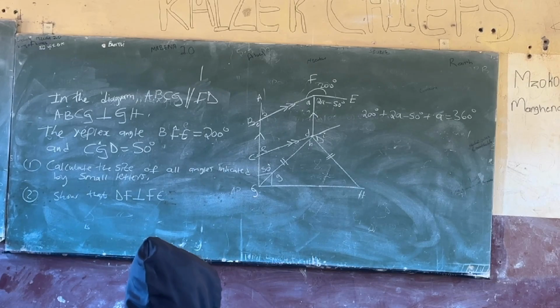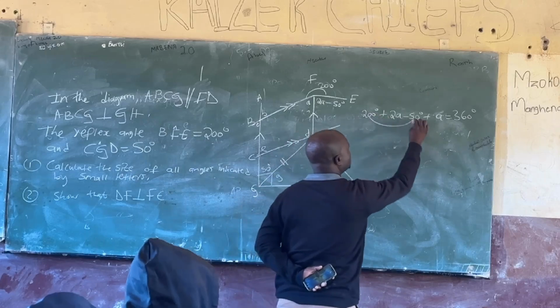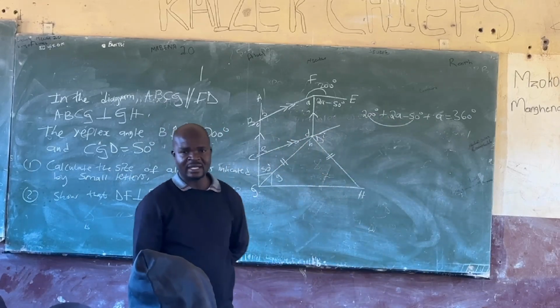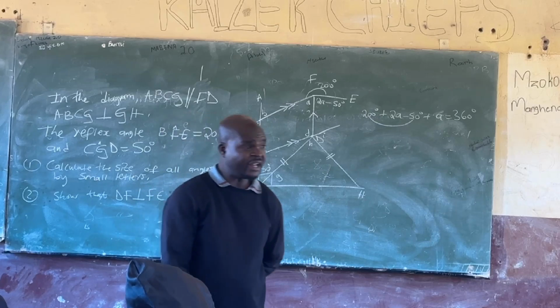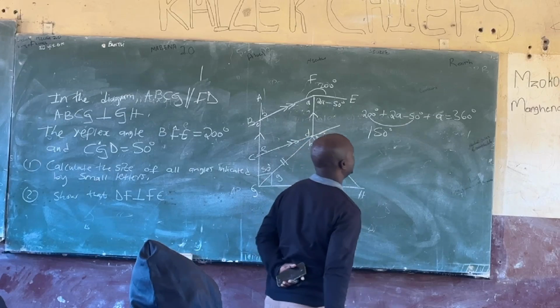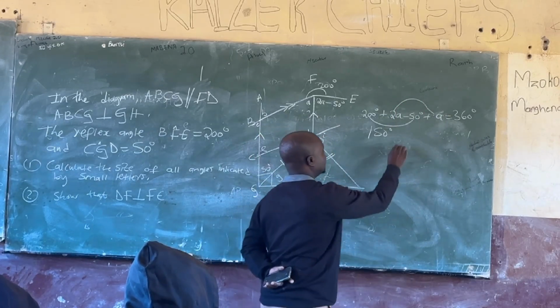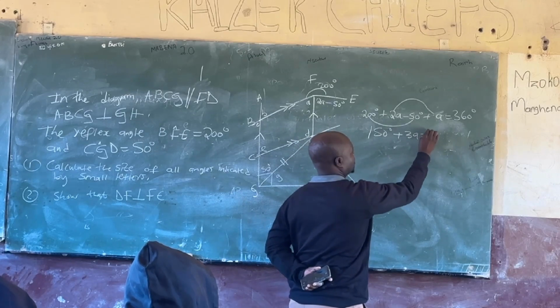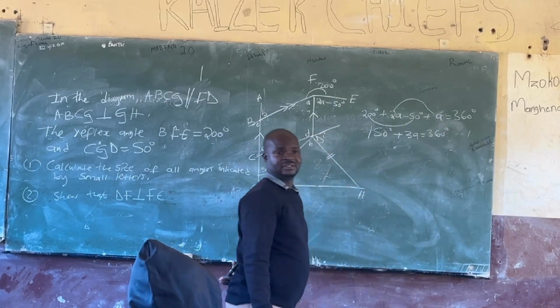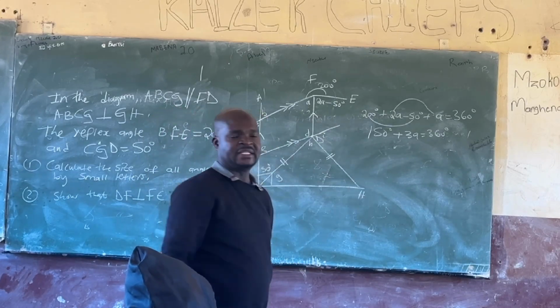We have to solve for a. On the left side, 200 minus 50 is 150. Then you have 150 here, and you have these 2a and a. It gives us 3a equal to 360. Then we take 150 to the other side.